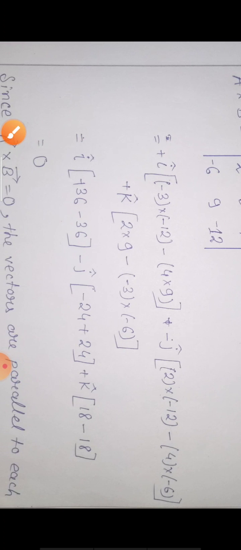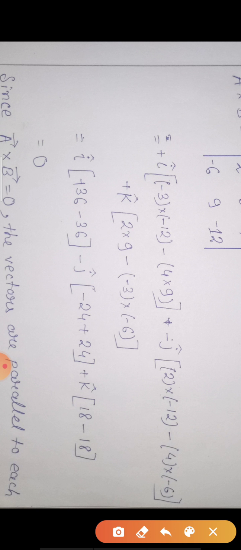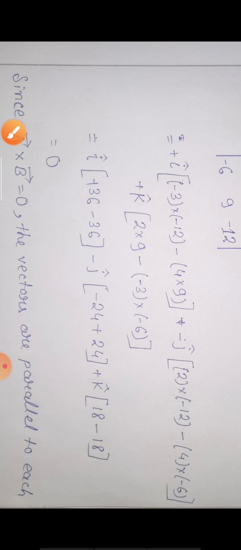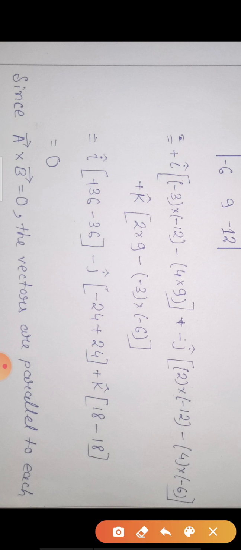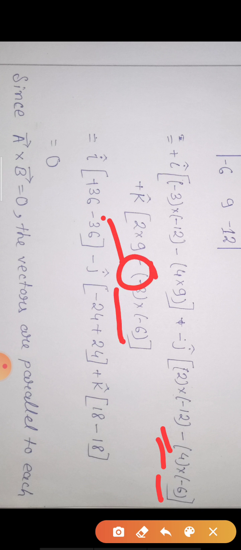Now just multiply: 12 into minus 3 is minus 36, minus 4 into 9 is 36, so 36 minus 36 will cancel and this term becomes 0. For j hat, 2 into minus 12 is minus 24, and 4 into minus 6 is minus 24, so minus 24 into minus is plus 24. 9 into 2 is 18, minus 3 into minus 6 is plus 18, with the minus sign it becomes minus 18.